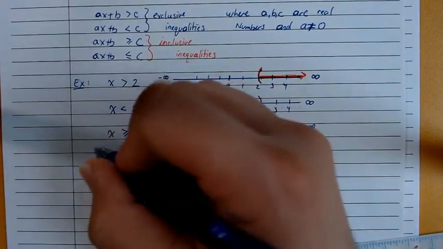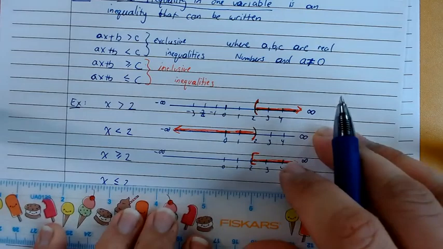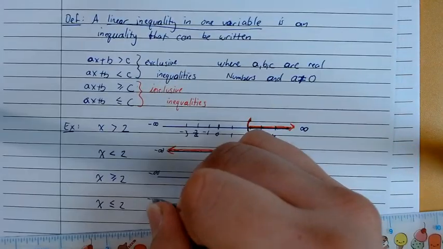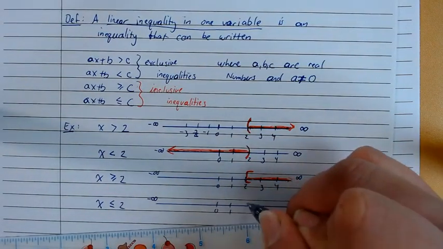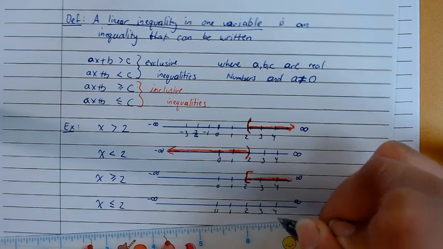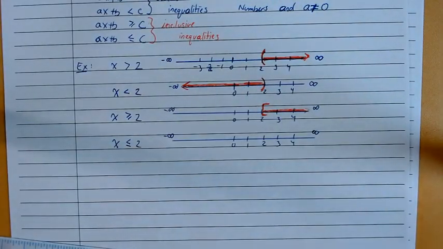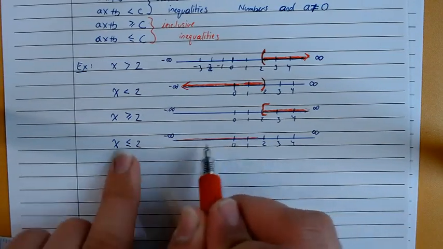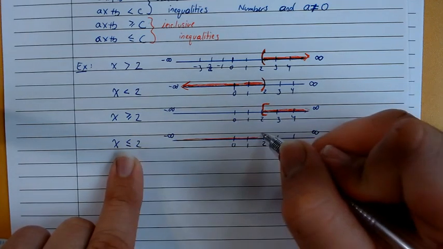And finally, if you're going to go back the other way, if you say x is less than or equal to 2, then it's going to be almost exactly the same as this one. We're going to want everything to the left of 2. But now when we get to the number 2, we also want to include that because we're okay if x is less than 2 or if it's equal to 2.